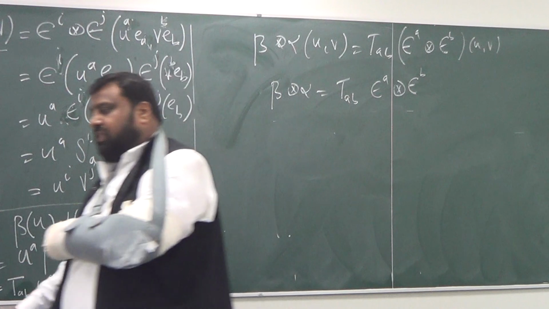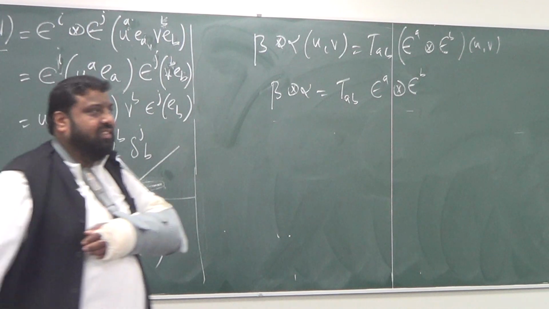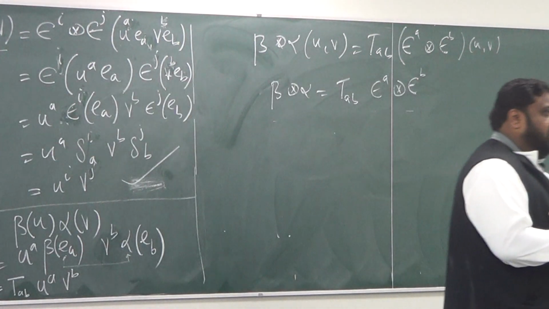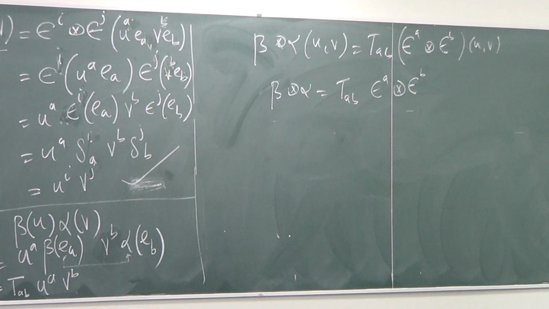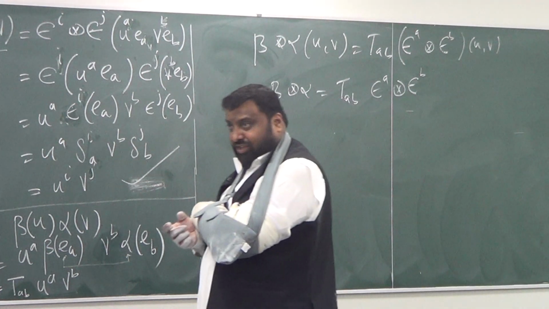I know it's getting messier, but once you make sense of all this with a relaxed mind and make yourself comfortable with it, you will see that what these guys are doing is peanuts. It's nothing. And everything will make sense to you. The trouble with the book and these notes is that they are not explaining the notation.